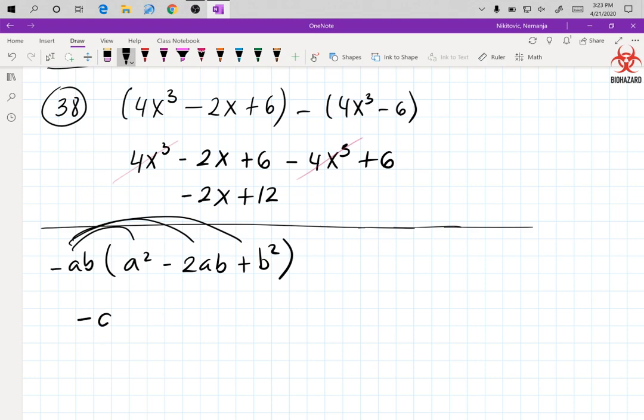So we'll have negative a cubed b, because a and a squared, that's 3 a's, so it's a cubed. Now minus times minus gives us a plus 2a squared b squared, because a times a is a squared and b times b is b squared. And finally, minus ab cubed, because b times b squared is b cubed.